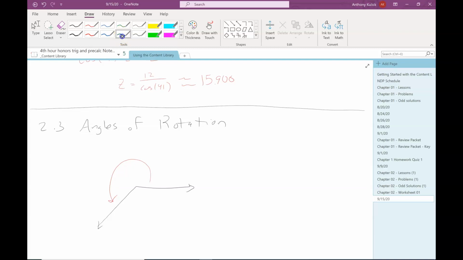We really only thought about them going that way, where the smaller of the two angles was always the measure that we gave. Is that okay with you guys? You guys kind of remember that from geometry? We're going to invent a new way of measuring an angle so that we can start talking about angles like 450 degrees or 10,036 degrees or negative 14 degrees. All of these angle measures that previously would have made no sense to us at all.